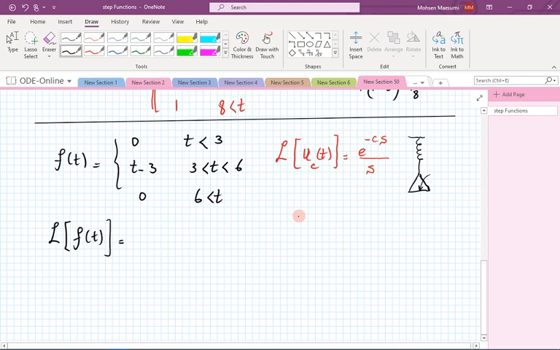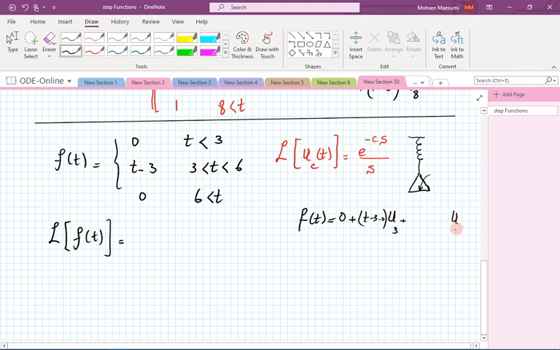So I go ahead and say, okay, let's rewrite my f of t. At the beginning, nothing is going on here. Then we have a switch at time 3, so I write u3. So what is turned on? Well, I'm turning on t minus 3. What is turned off? Well, there wasn't anything to be turned off, but if you want to insist, you're turning off 0. So let's say minus 0.